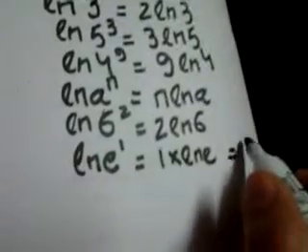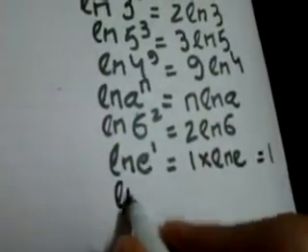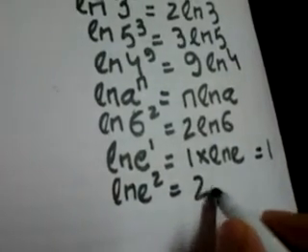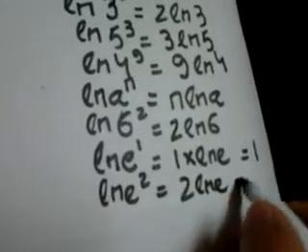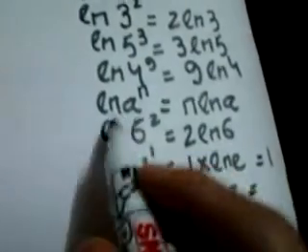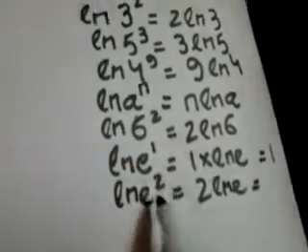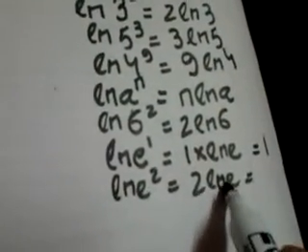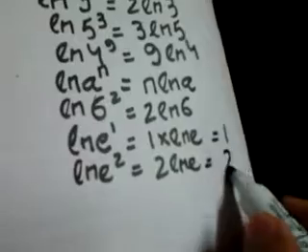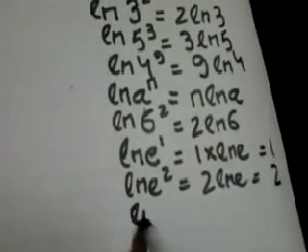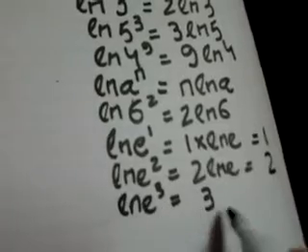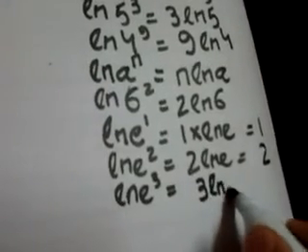That's 1. What's ln e to the power 2? You get 2 ln e. Look, ln a is ln e, n equals 2, this equals n ln a, so this should equal 2 ln e, which is 2. Okay, so ln e to the power 3: the 3 comes in front, we are left with ln e, that is 3.